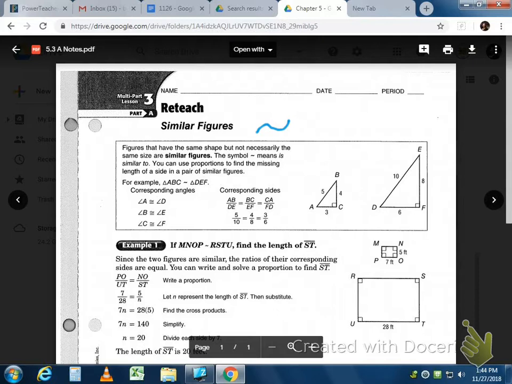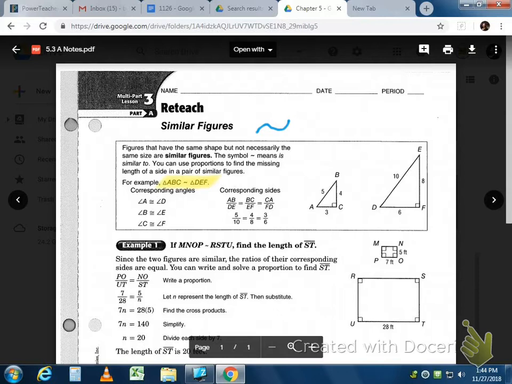First of all, this that I'm highlighting, you would say triangle ABC is similar to triangle DEF. There are things you've got to know about that. There are things called corresponding angles. That means the angles that are in the exact same spot in the triangles.